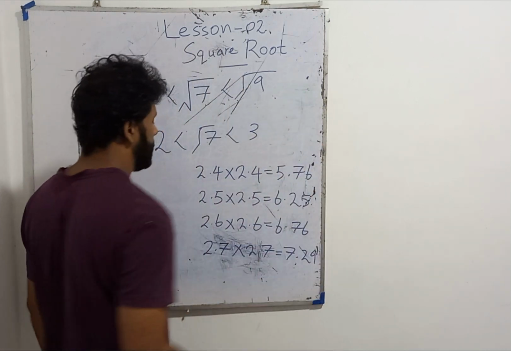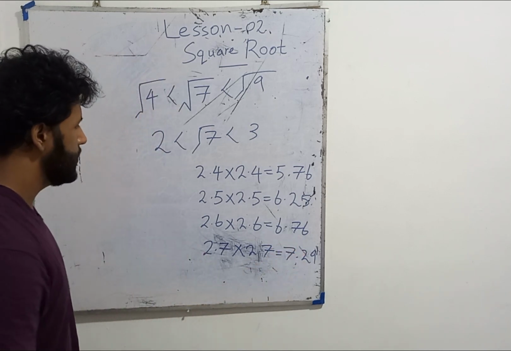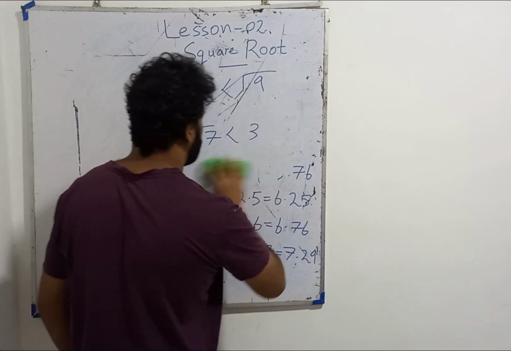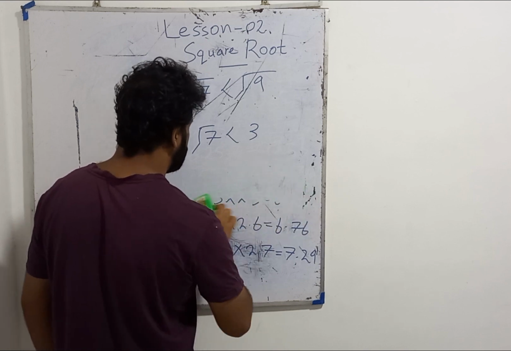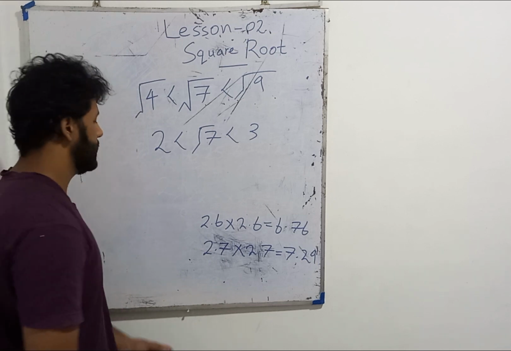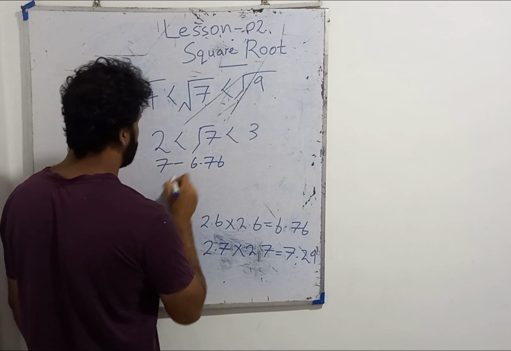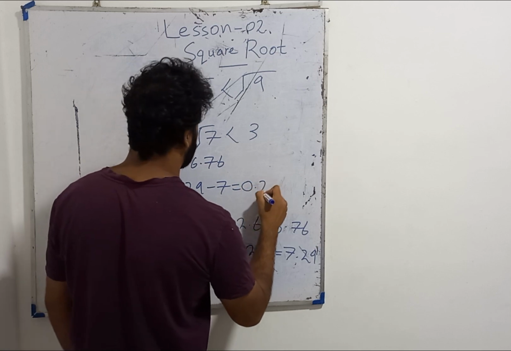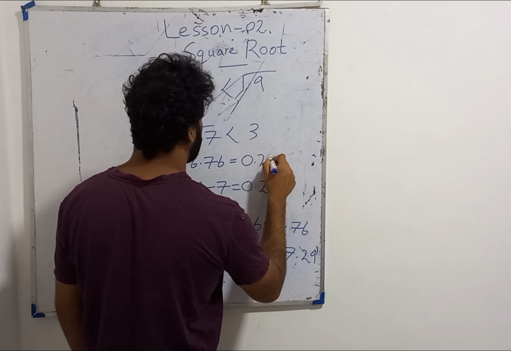Now consider these two numbers and take the difference. You don't have to take this one, simple. Then the first approximation of the square root of 7 is going to be either 2.6 or 2.7. Let's see which is closer. 7 minus 6.76, 7.29 minus 7, right? That's going to be 0.29, of course. Simple. This is going to be 0.24.